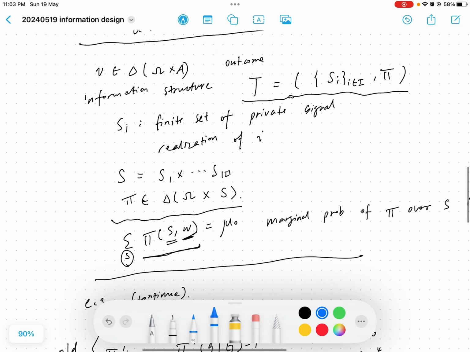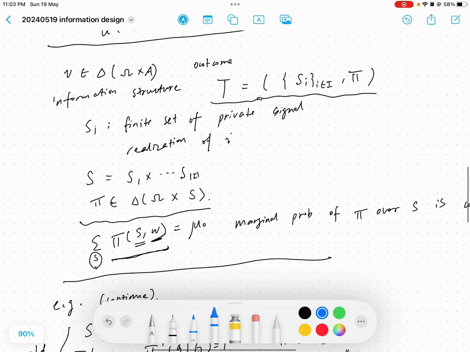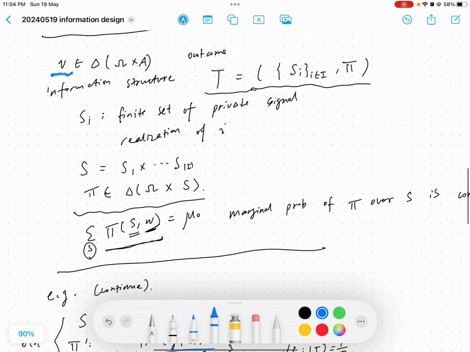So we define our outcome, v, which is an element of the set of distributions over the product of the state space and the action space. Now we can define this information structure within this context, which is capital T. It has two ingredients.